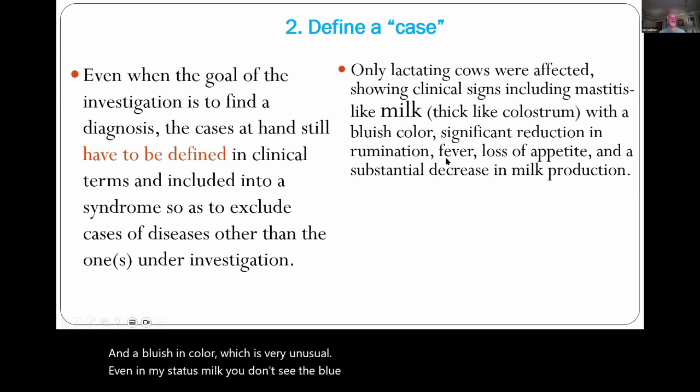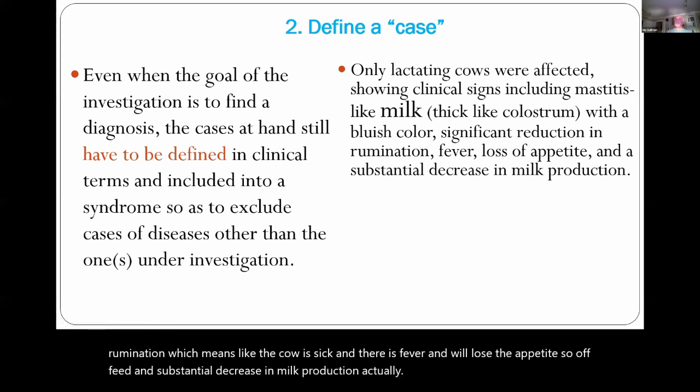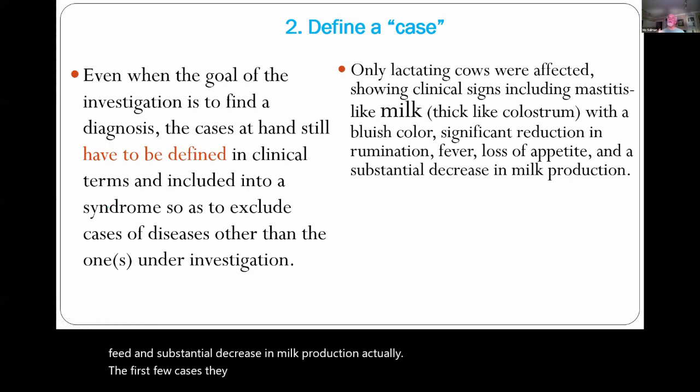And there is a reduction in rumination, which means the cow is sick, there is fever, and it loses appetite, so off feed and a substantial decrease in milk production. Actually, the first few cases almost stopped any type of lactation during that time period.